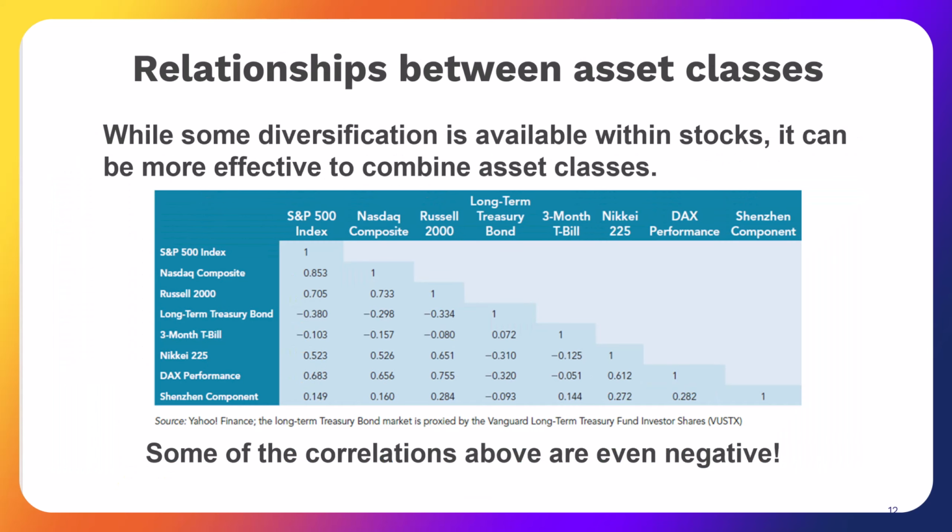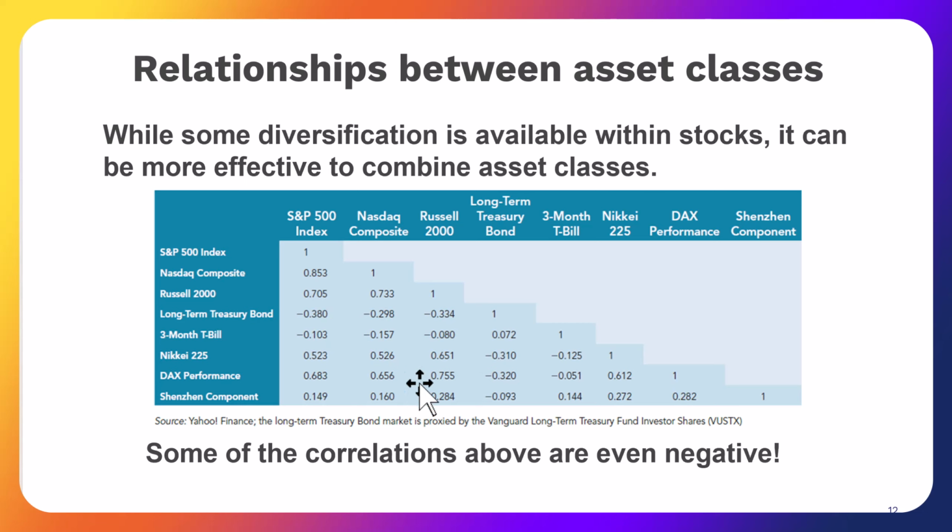What about the relationship between different asset classes? Now let's look at the S&P 500. The correlation between the S&P 500 and long-term treasury bonds is -0.38. So combining the stock market with the long-term treasury bond market creates great potential for diversification.